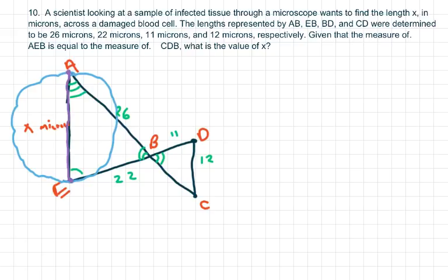So what we're looking for is x, so we're going to do it just like the other problem. We're going to write the similarity statement and start with the angles marked with the 1 hash mark. So we have E and D. Start with those angles and then the 2 and then the 3.